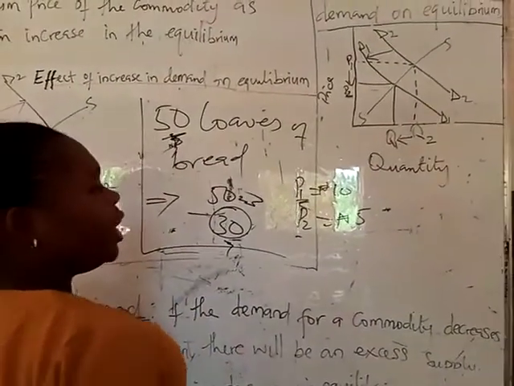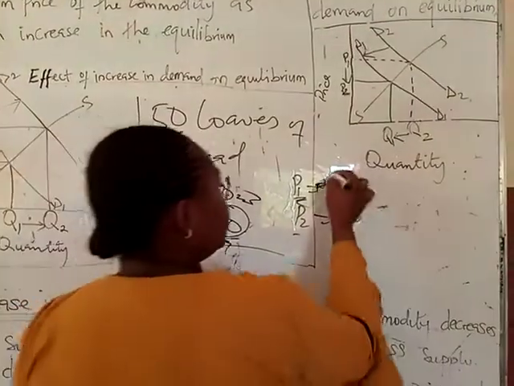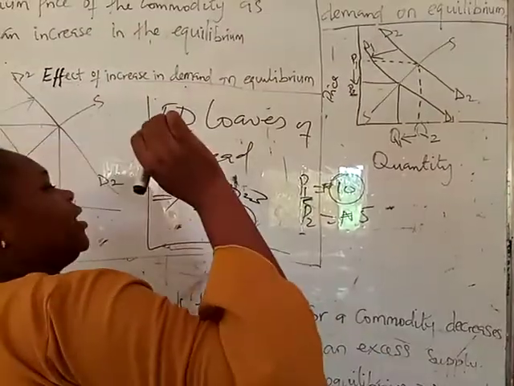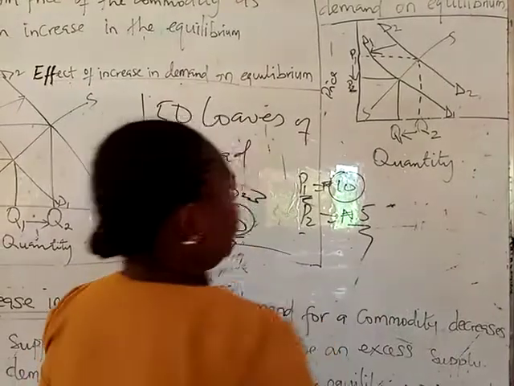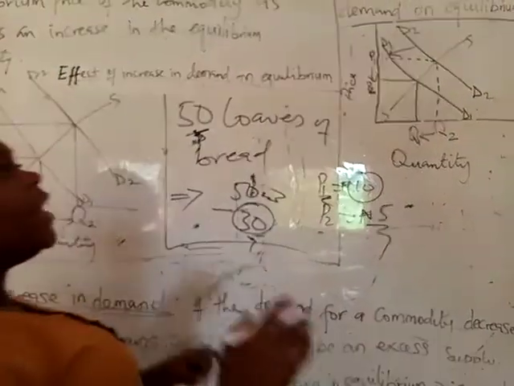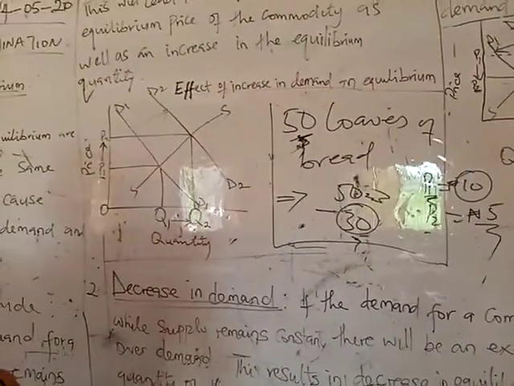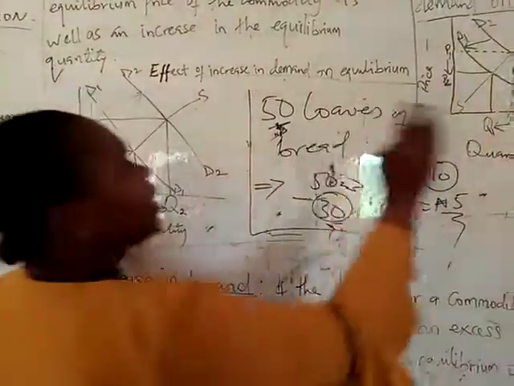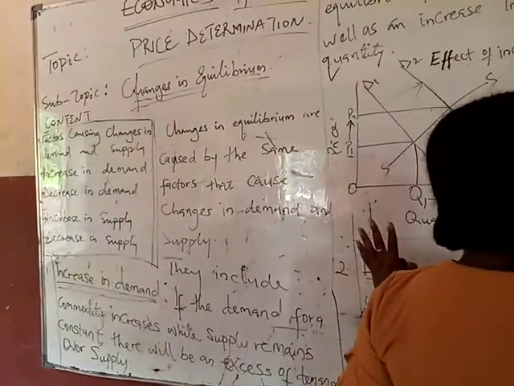It reduces, for example, from 10 naira, as I've illustrated before, to 5 naira. So the only thing that differentiates the increase in demand graph and the decrease in demand graph is the arrow.